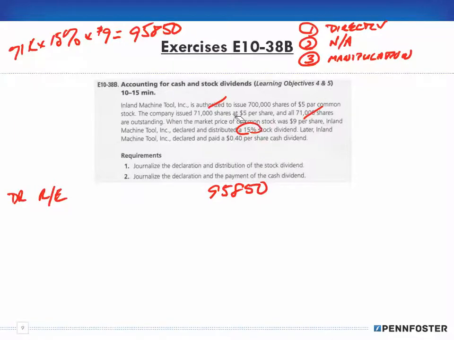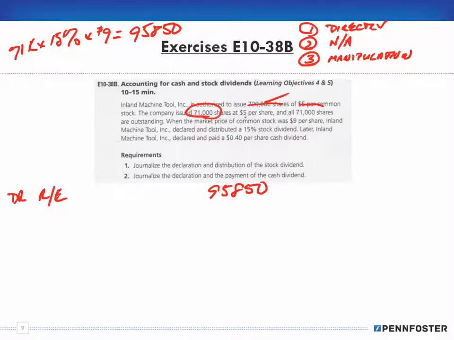All right. So when we're looking at this, we're going to have a stock dividend and a cash dividend, so we could care less about the authorization and the number of shares authorized, or the $5 par for common stock. We're concerned with the 71,000 shares issued and outstanding.